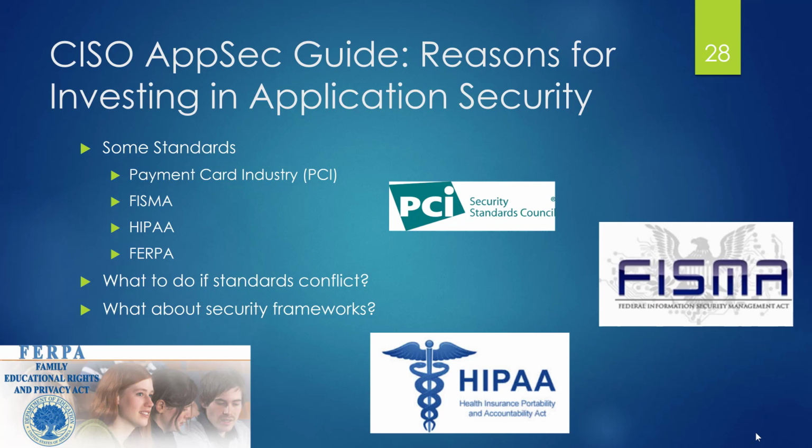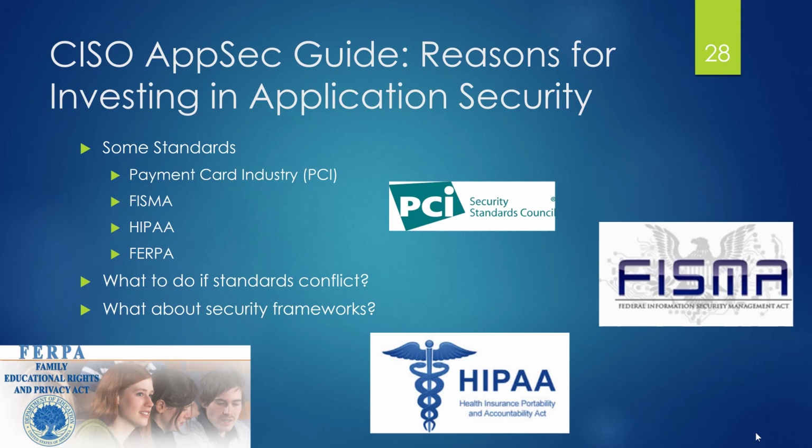And as you're doing that, you've got to have mechanisms in place when standards conflict. Typically, you're going to take the stronger standard or the stronger security approach, and then you want to merge this into a security framework. As I've mentioned before, we're going to talk about 4 different security frameworks as a portion of the class. Just gotta wait for it.